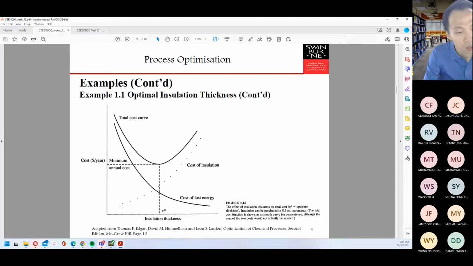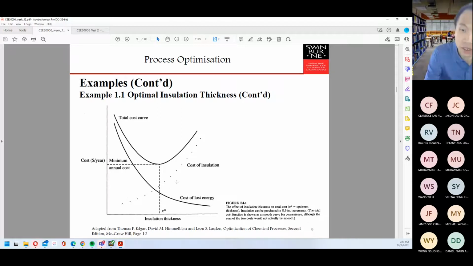Because you can only buy that insulator in a certain thickness. So let's say that the thickness is coming at 1 inch. Meaning you can add only in increments of 1 inch. If 1 inch, then you can add on only 2 inch, 3 inch, 4 inch. So you cannot have a continuous line, because if you assume it is continuous, it can be added as 1.01, 1.02, 1.03, 1.04.